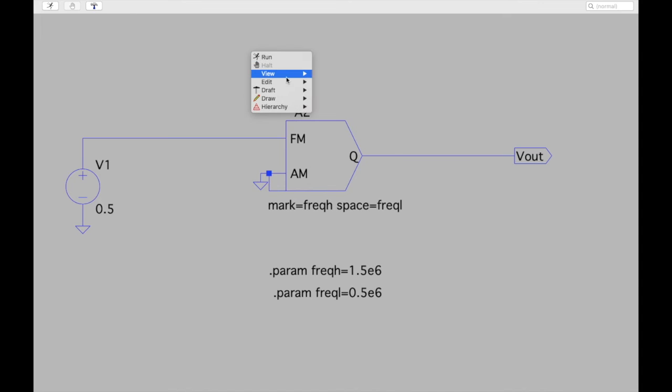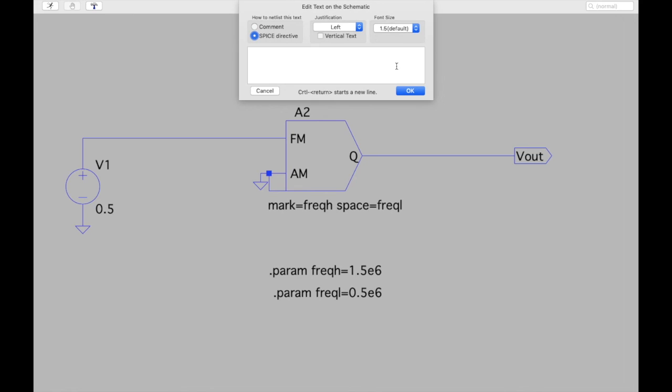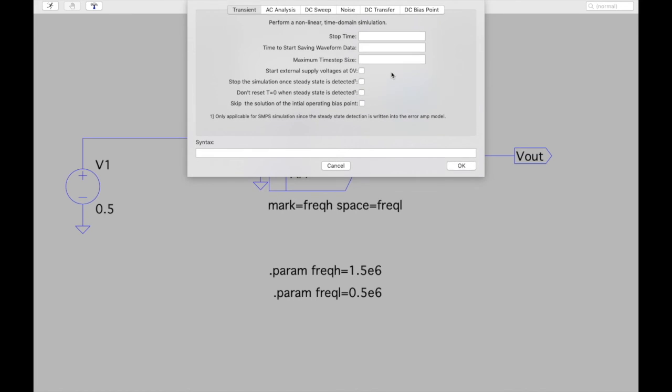I will go for a SPICE directive transient simulation. Again, right click, edit the analysis command.